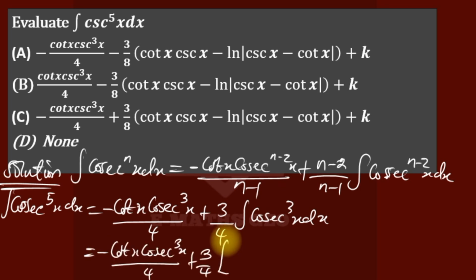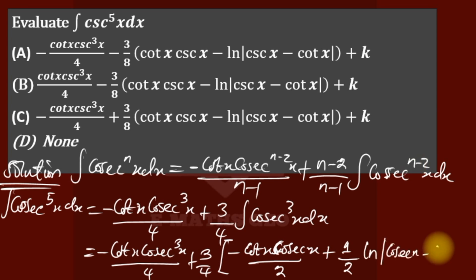So for the integral of this, we now use the formula, which is minus cot x cosec x raised to power 3 minus 1, which is 1, over 2, plus 3 minus 2, which is 1, over 3 minus 1, which is 2, times the integral of cosec x. So the integral of cosec x is ln cosec x minus cot x plus k.